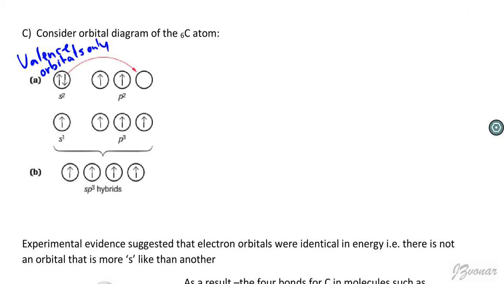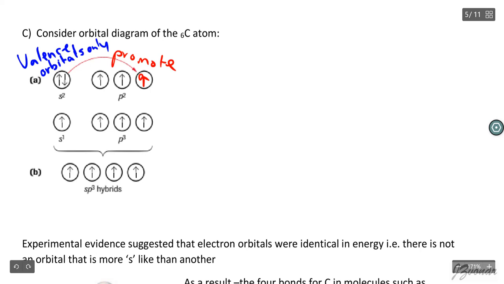And we'll notice here, based on this orbital diagram, carbon should only be forming 2 bonds because it only has 2 half-filled orbitals. But we know that carbon has the capability of forming 4 covalent bonds. So once again, there is a promotion of 1 electron to the empty p orbital.